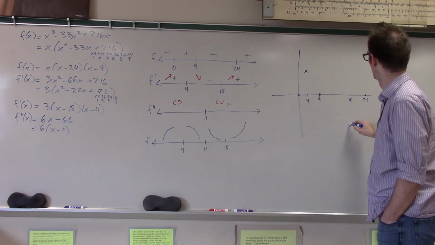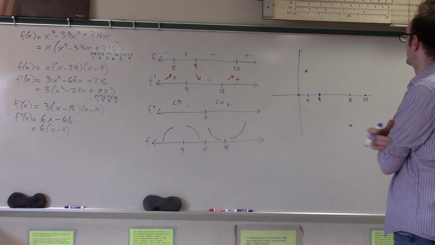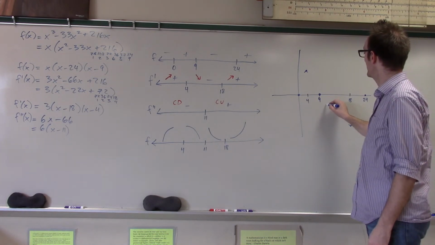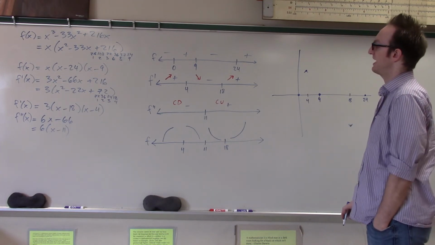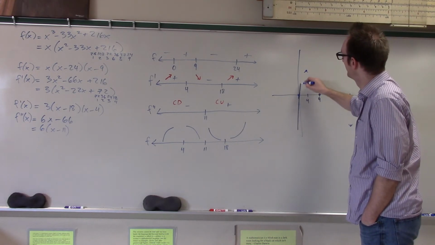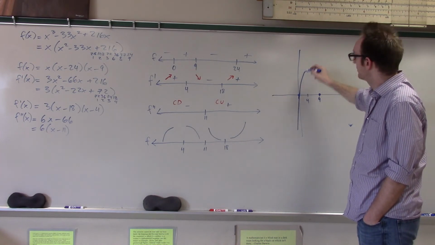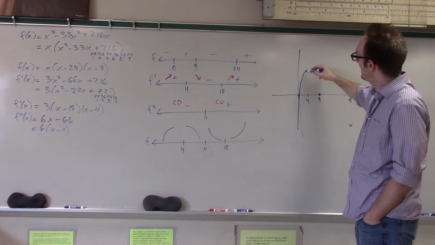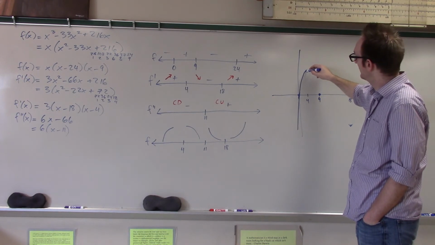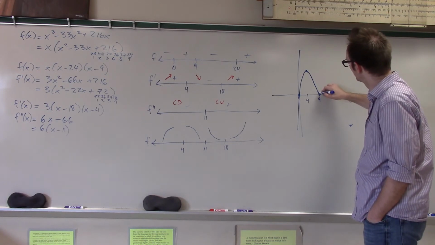Relative max, relative min. And more importantly, what I learned is that there's a point of inflection at 11. And what happens there is that's where the function changes concavity. So what does this function look like? It's going to be increasing concave up, then increasing concave down, then decreasing concave down until 11.